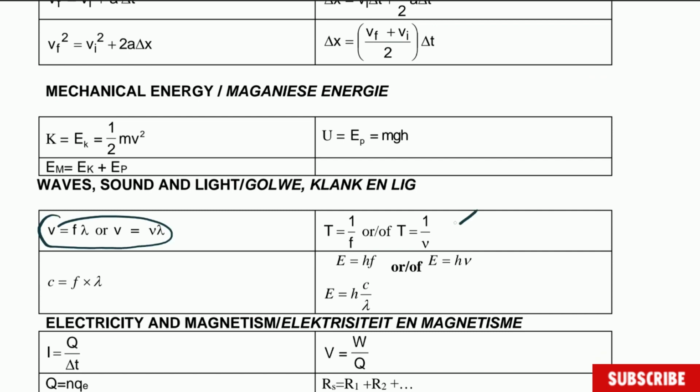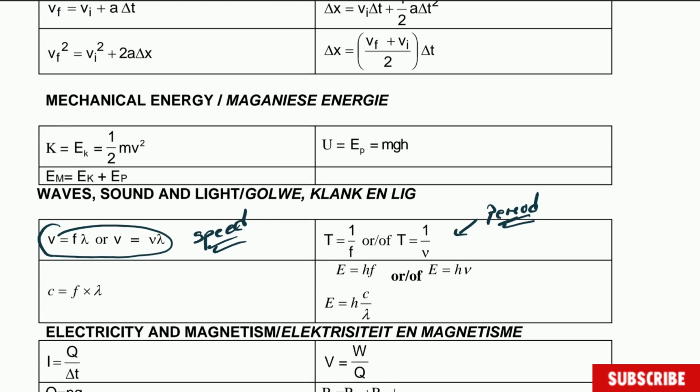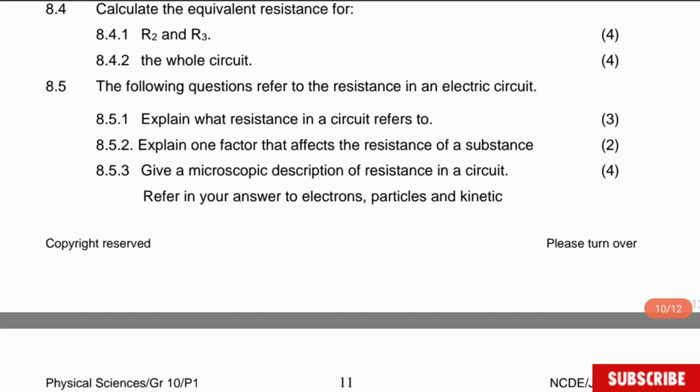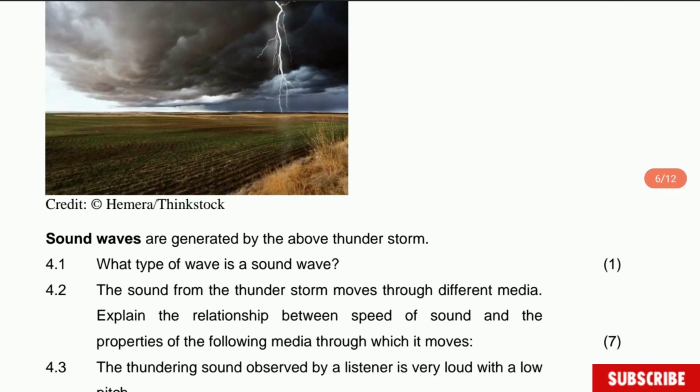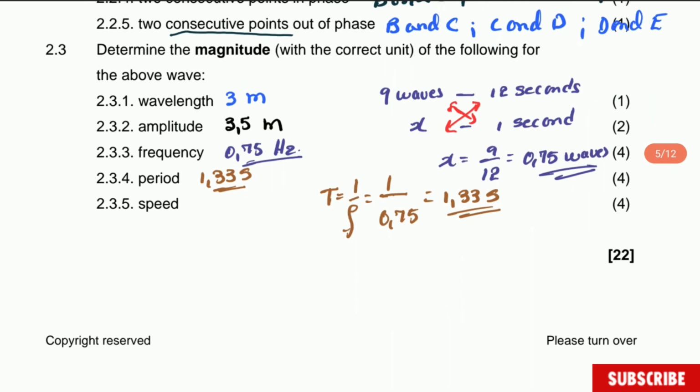There is the formula for period, as well as the formula for speed here. So all the formulas are there. If you rearrange, you have formulas for frequency as well. So there are all the formulas that we are going to use. So we're going back to the test. This is a good test, 2013. The whole question, here we are.